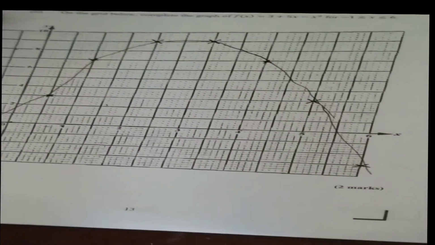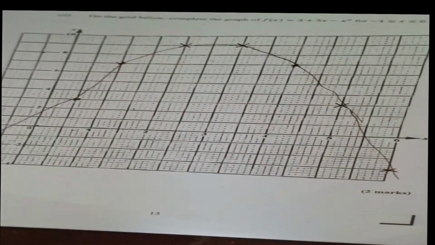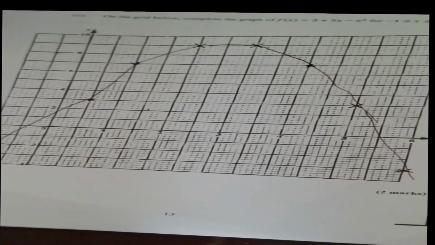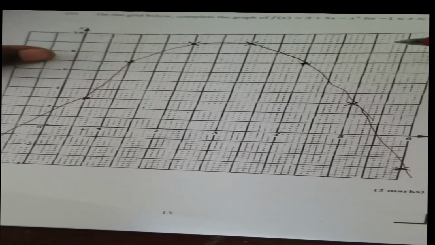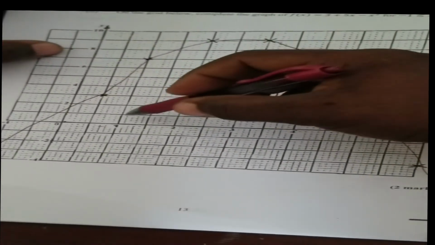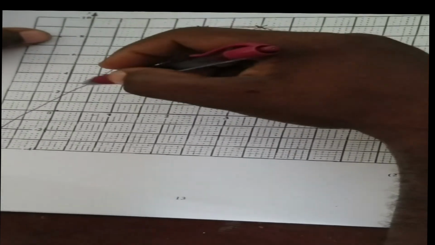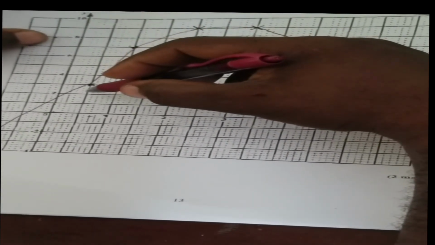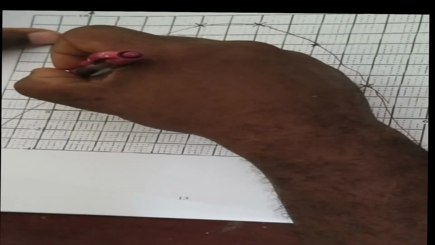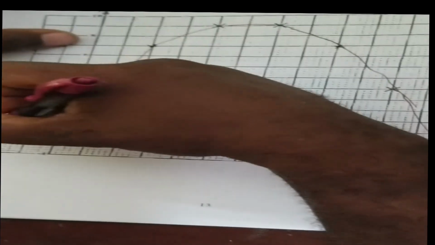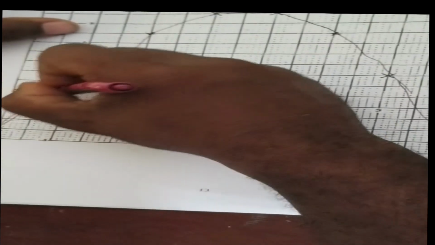Alright. Apart from this little bend right there, let me see. No, x is 0. Yeah, that's why we didn't have that smooth curve. When our x was 0, y was equal to 3.